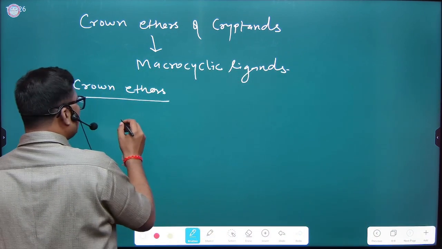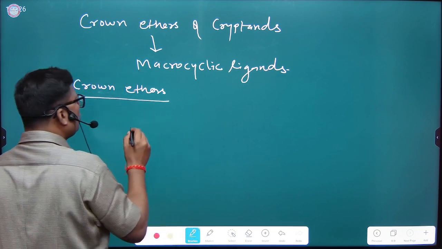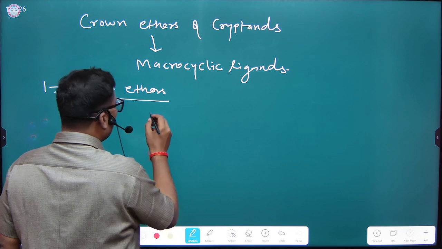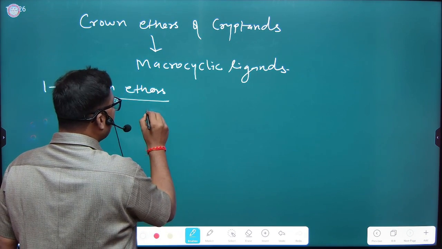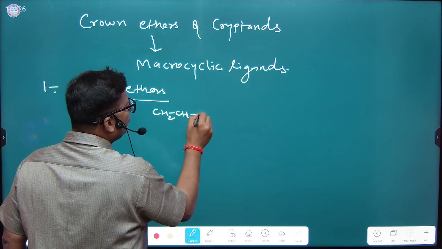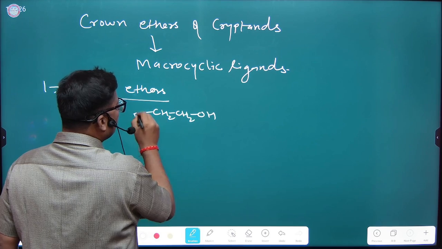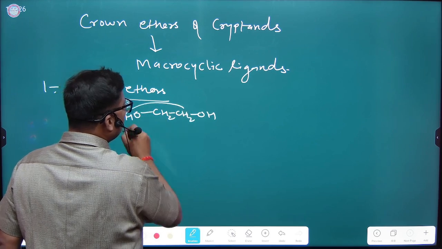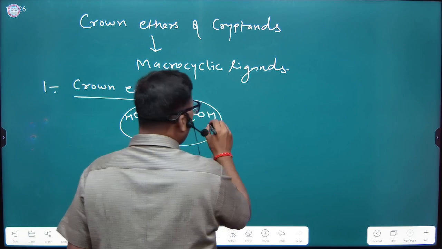Crown ethers are formed through ethylene glycol, CH2, CH2, OH, OH. So this is ethylene glycol.